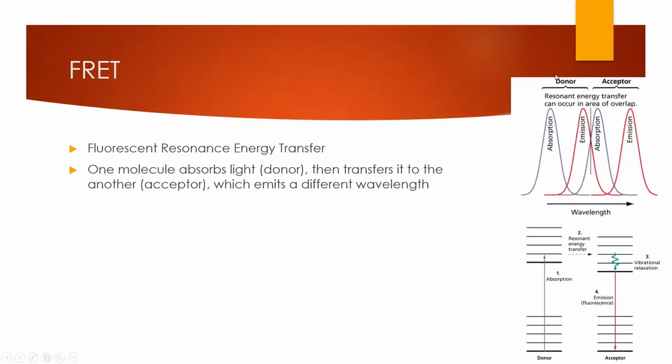So here we can see that our donor emission wavelength overlaps with the absorption wavelength of a second chromophore. So this process of passing the energy on is the first chromophore's way of removing the energy through a non-radiative pathway. There's no light emitted, it just passes on its energy to a second chromophore. So that second chromophore is now in an excited state, and then it emits light.